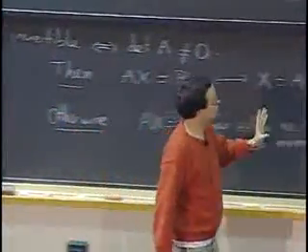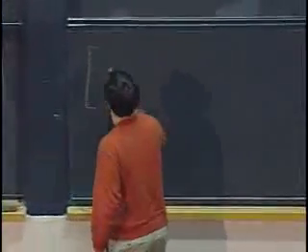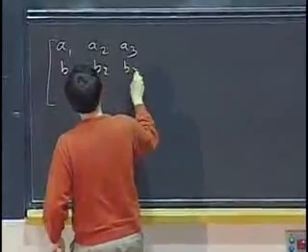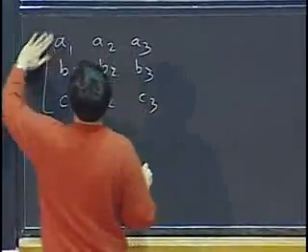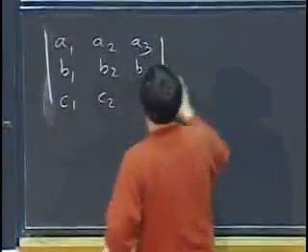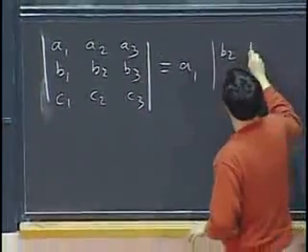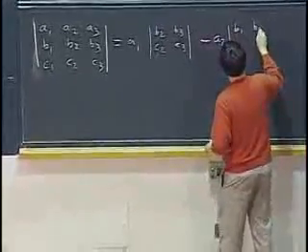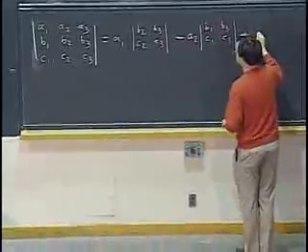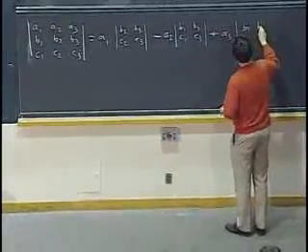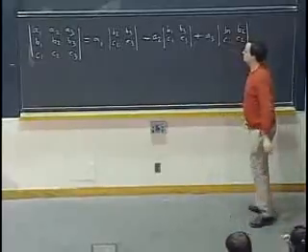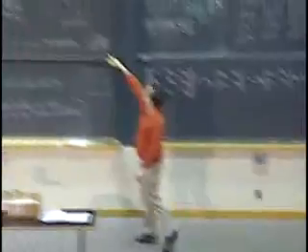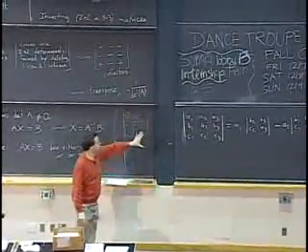The way that we've officially seen it in this class is just if you have A1, A2, A3, B1, B2, B3, C1, C2, C3, then the determinant is A1 times the determinant of B2, B3, C2, C3, minus A2 times the determinant of B1, B3, C1, C3, plus A3 times the determinant of B1, B2, C1, C2. And this minus is here basically because of the minus in the diagram up there. But that's all we need to know.